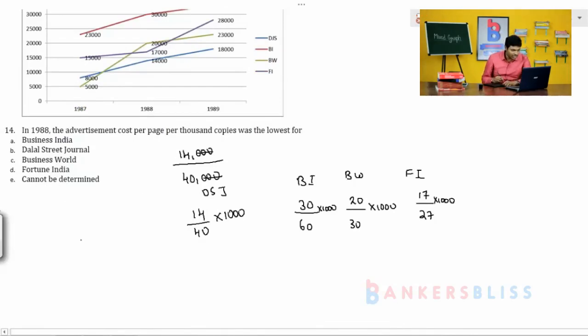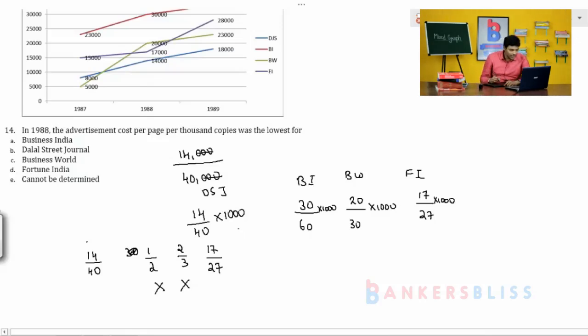Directly you take the remaining values, that is 14 by 40. Next 30 by 60, that means half. Next 2 by 3, 66.66. Next 17 by 27. Half means 50%, 2 by 3 is 66.66. But they asked us to calculate the lowest value, so these cannot be the answer, because 14 by 40 is less than 50%.